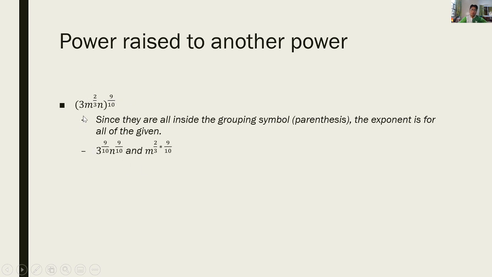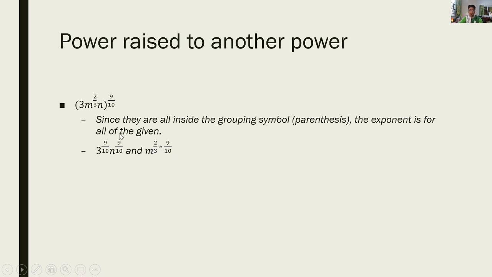Thus, yung 3 at saka yung n dahil 1, we simply copy ito. 3 raised to 9 over 10, n raised to 9 over 10. If we notice, I separated yung m natin, kasi meron din siyang exponent, 2/3. So times 9 over 10. So in this example, multiplying fractions will be at play. Tingnan natin individually.